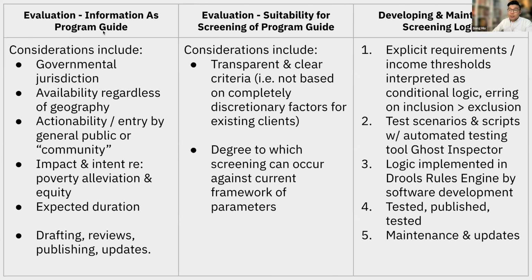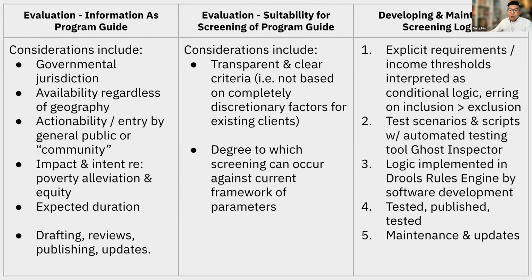We consider the impact and intent of the program on poverty alleviation and equity. And we also consider the expected duration and availability of the program or service. And all this information gets drafted, goes through multiple review processes, gets published, gets translated, and we work with our liaisons to update this information on a cyclical basis.